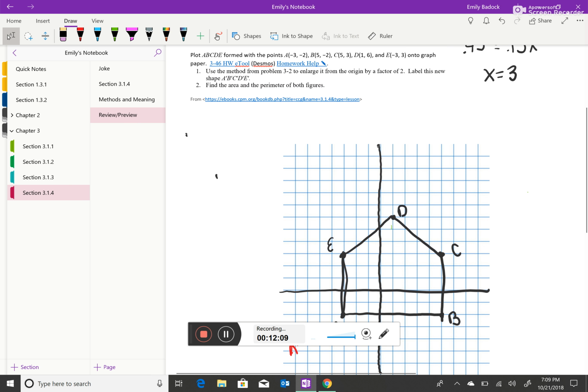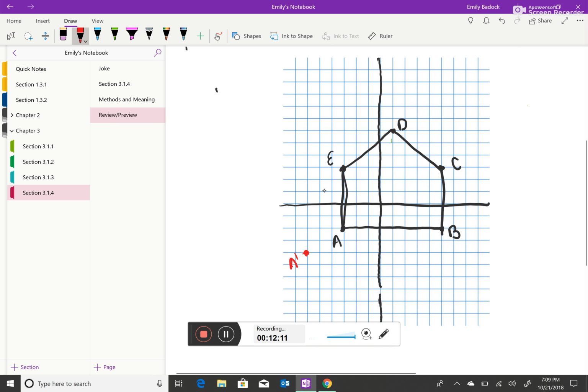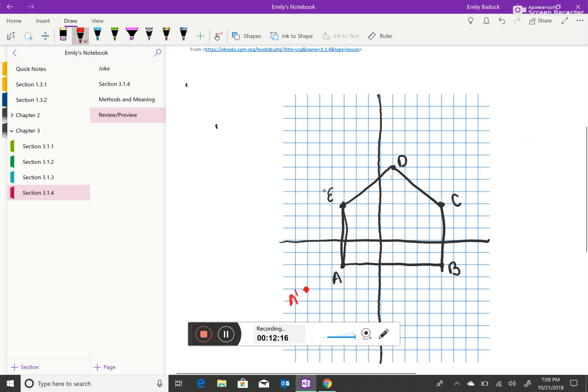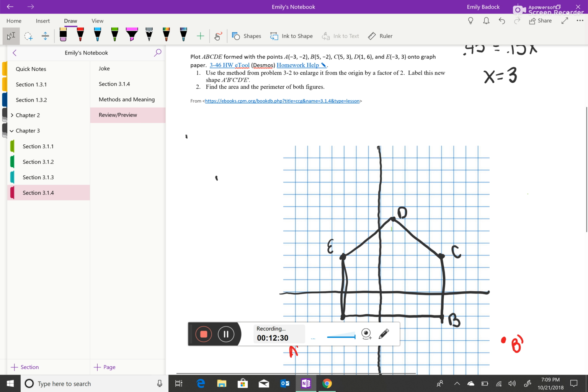My new B is going to be 10, -4. C is going to be 10, 6.